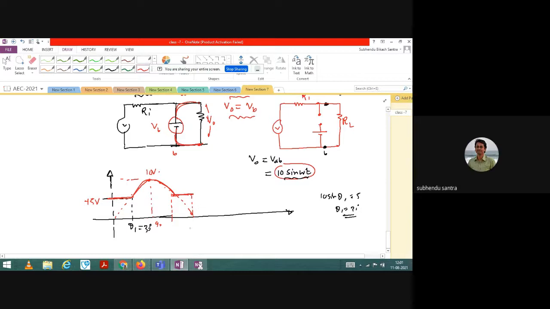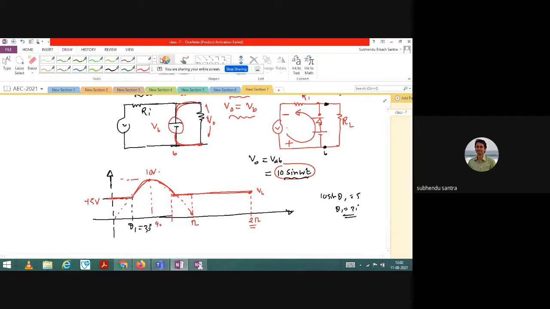And in the negative half, from pi to 2 pi, this is plus and this is minus, and there is a diode. Every time, the diode will always experience forward bias. So definitely this VB will extend. I already told you this is a negative clipper. So the negative portion is not present, and this is VB plus 5 volt.